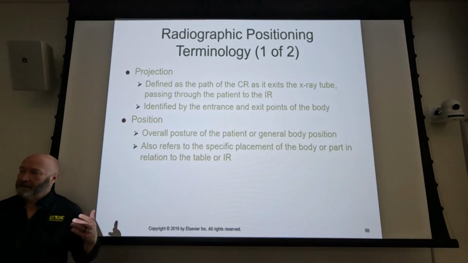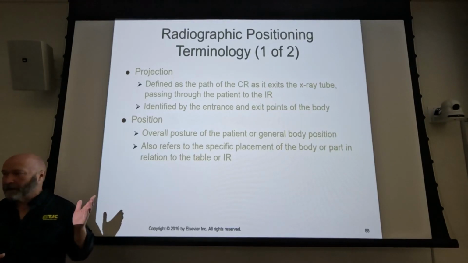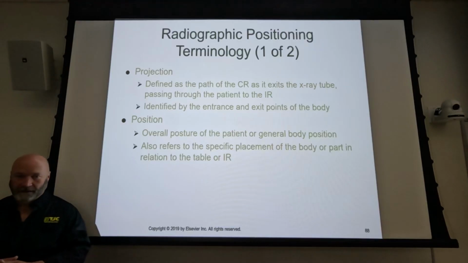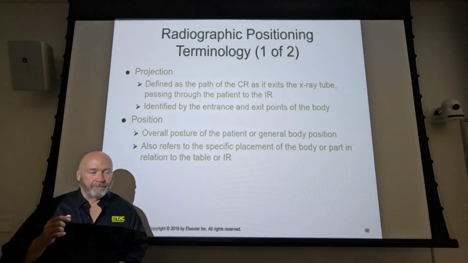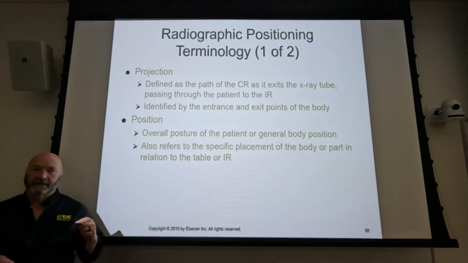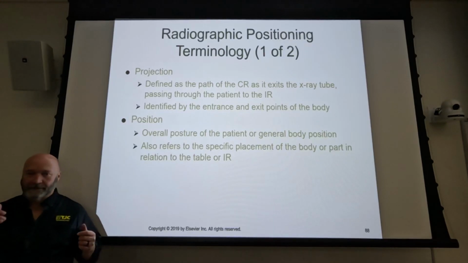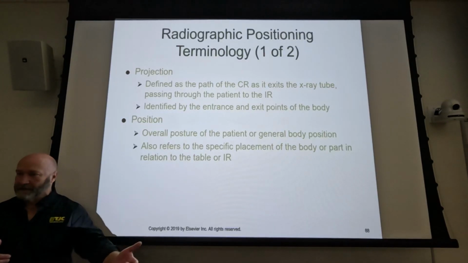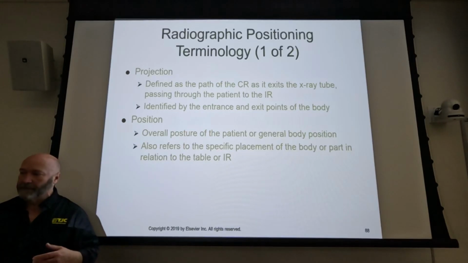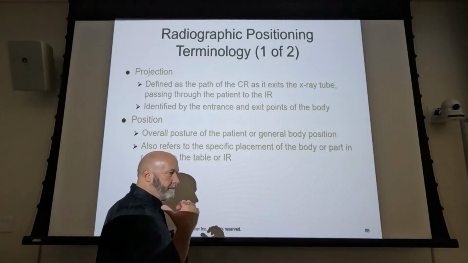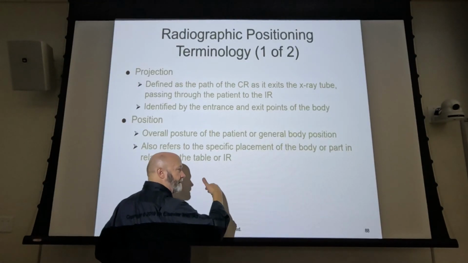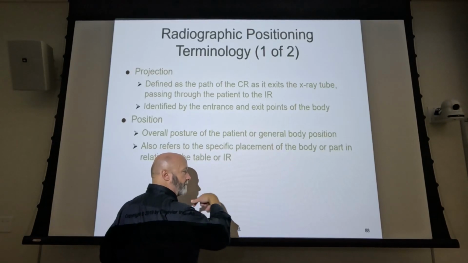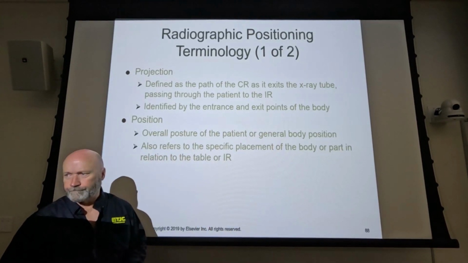The patient could be on a stretcher and semi-upright, that's a body position, right? A projection is the path of the x-ray beam, what it hits first and what it hits last. Like a PA projection would be with the x-ray beam generated behind the patient, and it hits posterior to anterior, that's a PA projection.